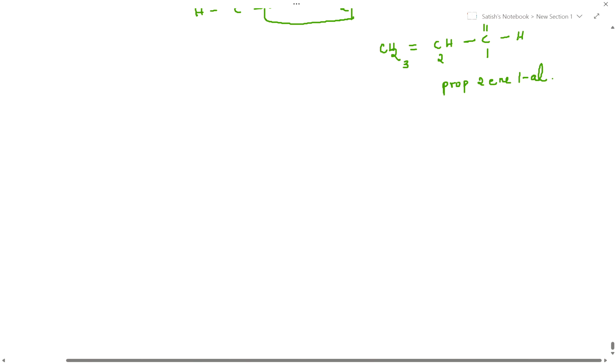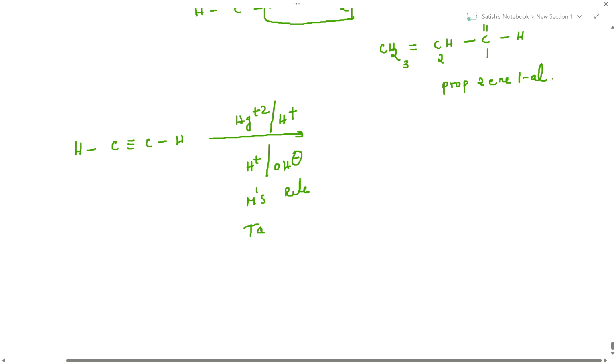In our channel, in the most important reagents topic, I explained this at the time of the alkynes chapter. What is that? Alkynes react with Hg plus 2 and H plus. The whole mixture finally gives indirect addition of water. It follows Markovnikov's rule if it is an unsymmetrical alkyne, and it will undergo tautomerism.